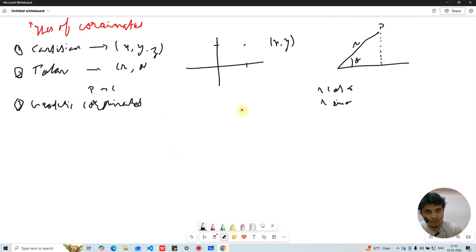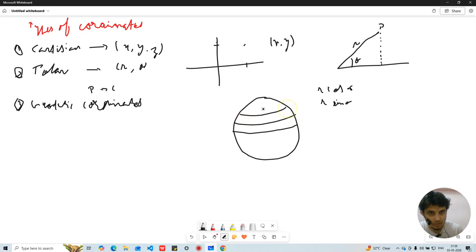So for example, as we all know, let's say this is our earth and this is the equator, and we have some degree latitude over here, then some degree latitude over here, and some degree latitude over here, some degree latitude over here. It's negative latitude, by the way.